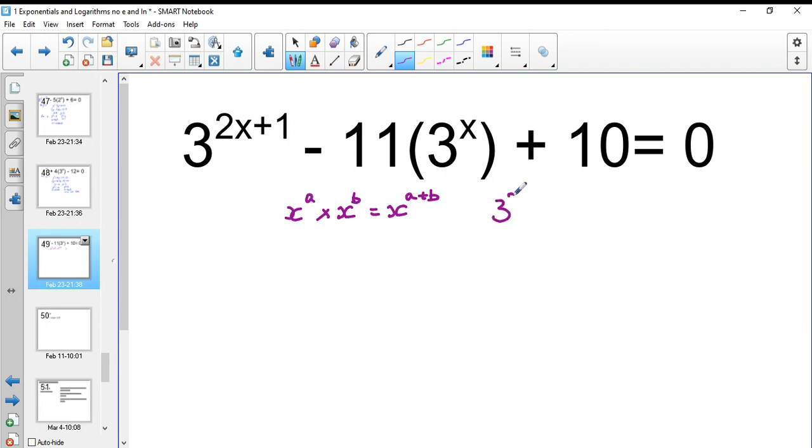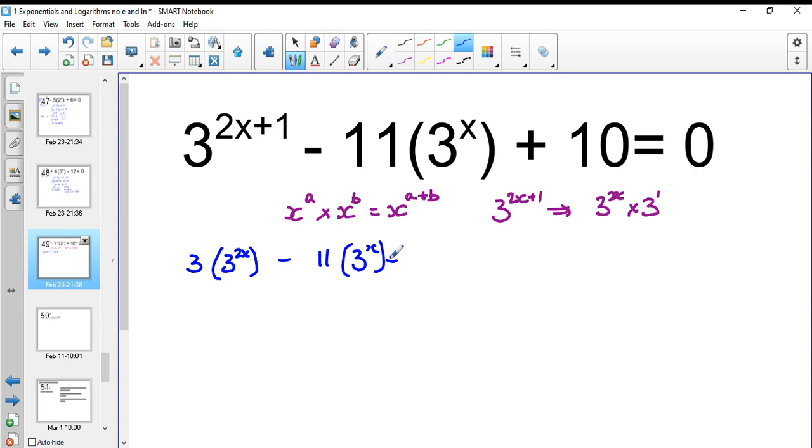So 3 to the 2x plus 1 can be written as 3 to the 2x times 3 to the 1, or 3 lots of 3 to the 2x. So we've got 3 lots of 3 to the 2x. So that's this bit here. 3 lots of 3 to the 2x minus 11 lots of 3 to the x plus 10 equals 0.